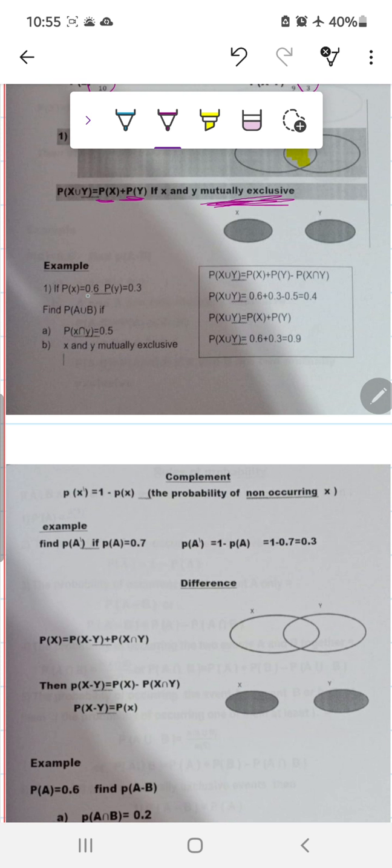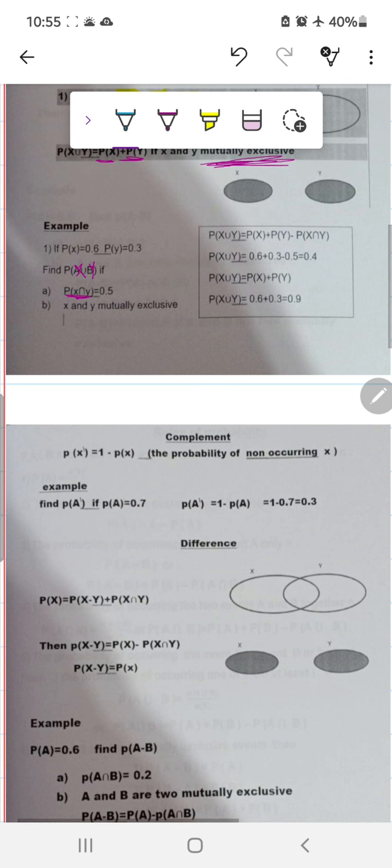Probability of X equals 0.6, probability of Y equals 0.3, and we want to get the probability of X union Y, if the probability of X intersection Y is 0.5. Directly in the rule, probability of X union Y equals probability of X plus probability of Y minus the intersection. Substituting, probability of X is 0.6, probability of Y is 0.3, and the intersection is 0.5. Using your calculator, the result will be 0.4.